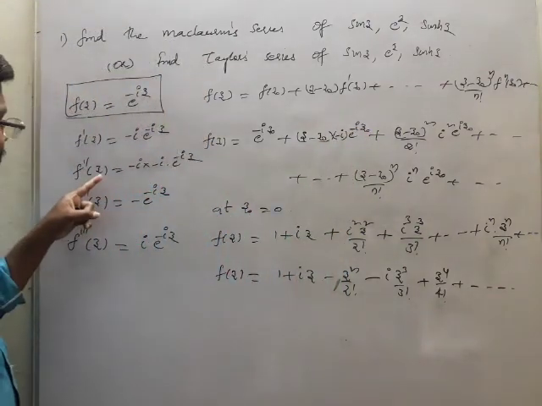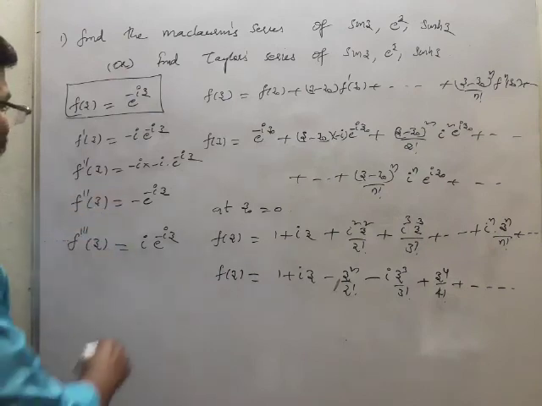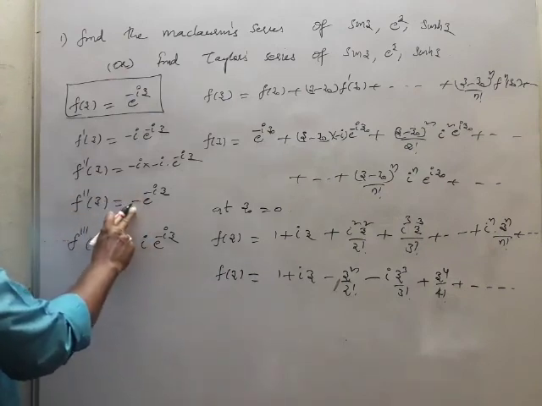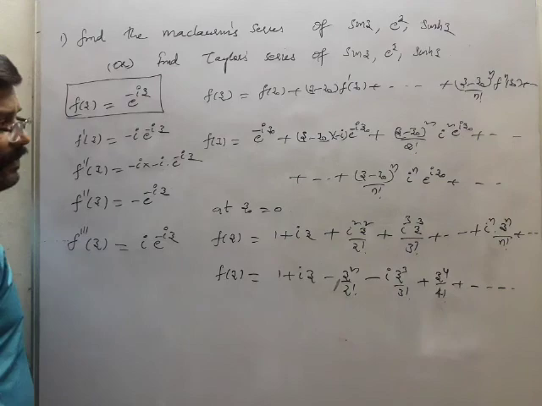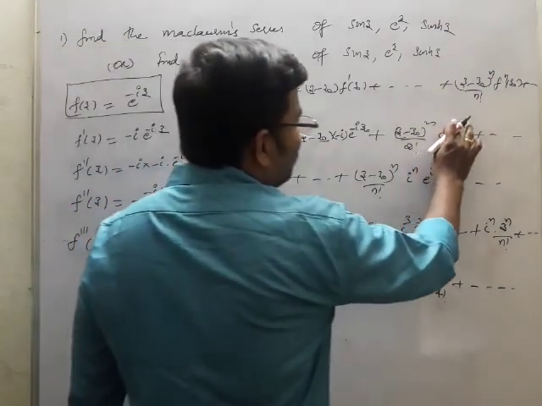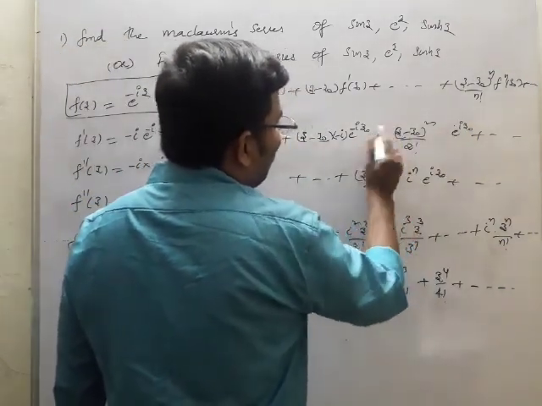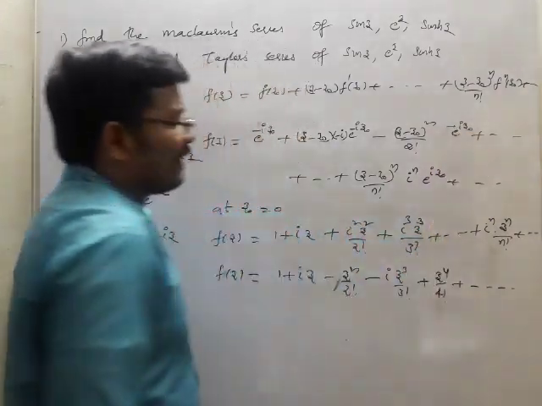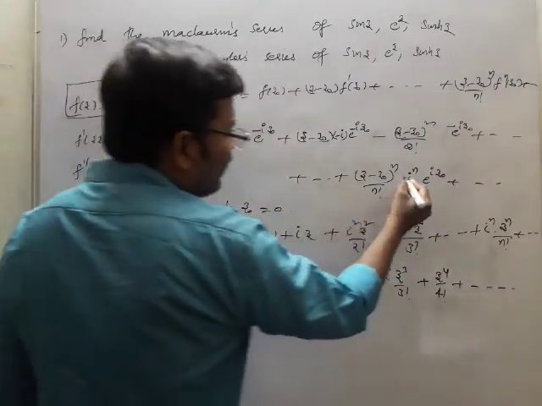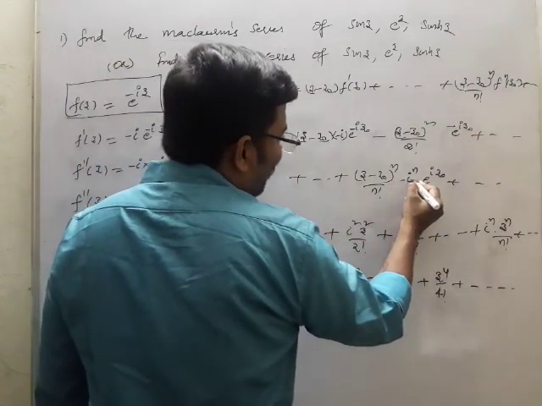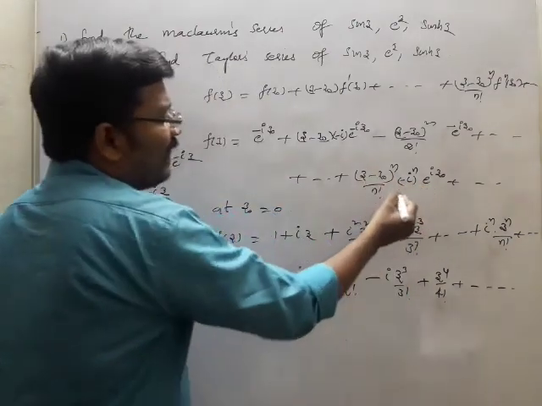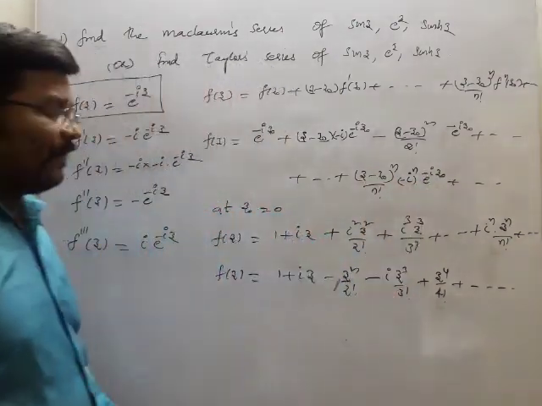The second one, double dash, you got as minus e power minus i z naught. Plus and so on, and again you will get minus i whole power n e power minus i z naught.